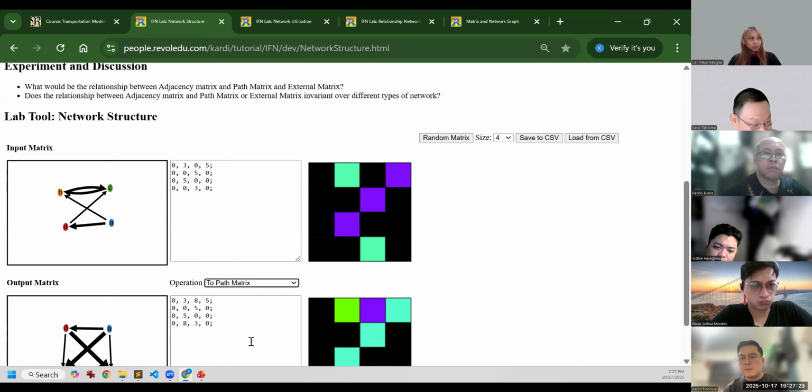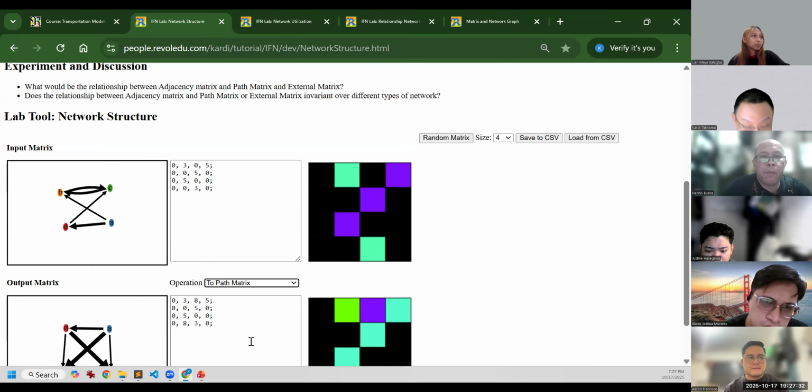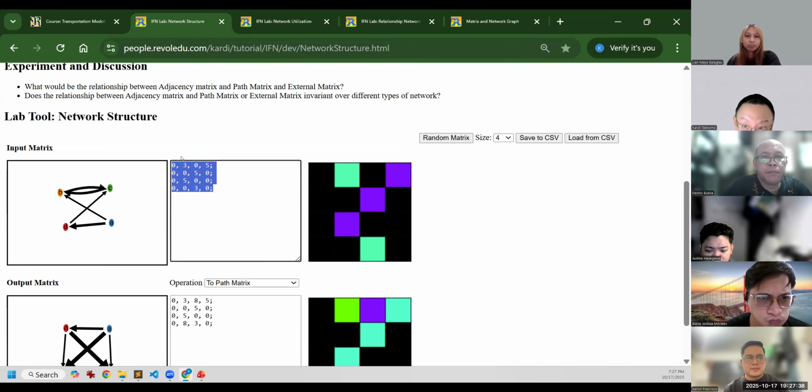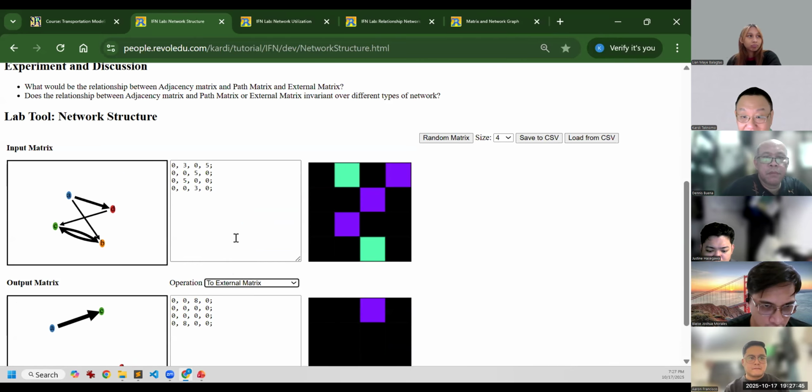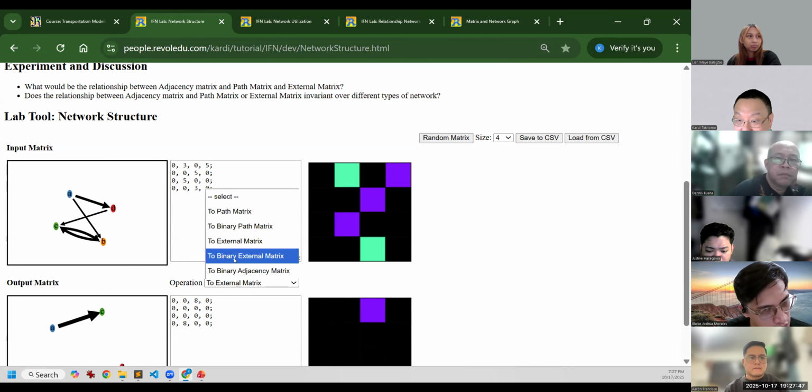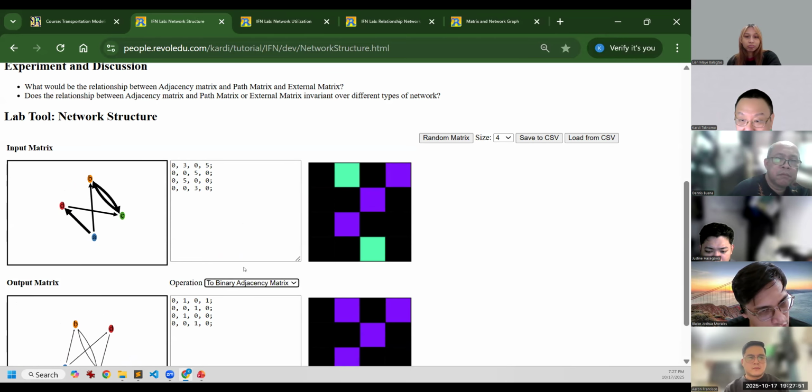You can get the path matrix automatically, I already give you the software. For your assignment as well, you can use the same. As long as you get the input, distance here or flow, you get the path matrix. So you can also get the external matrix. You can also get the binary of the external matrix, or binary of the adjacency matrix.